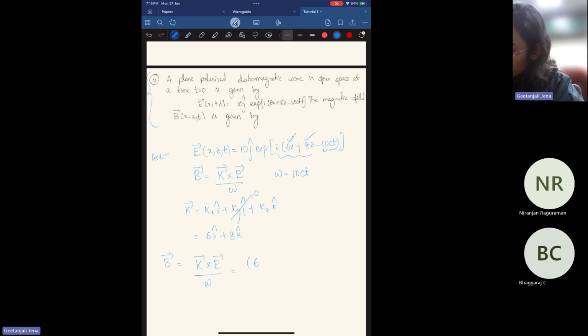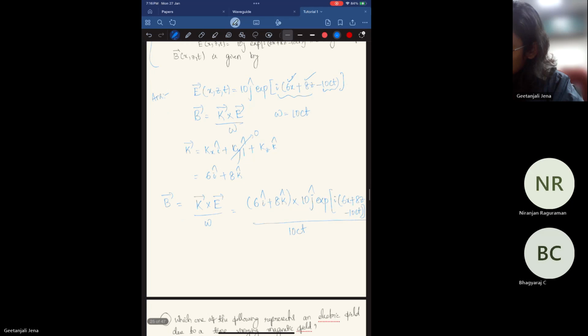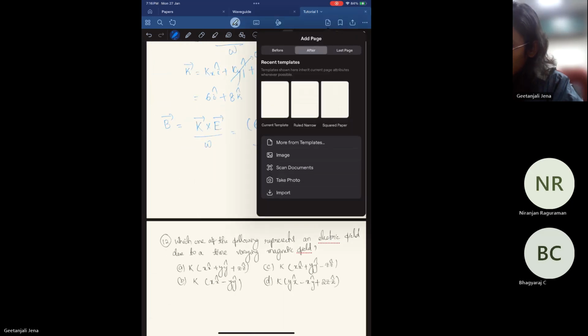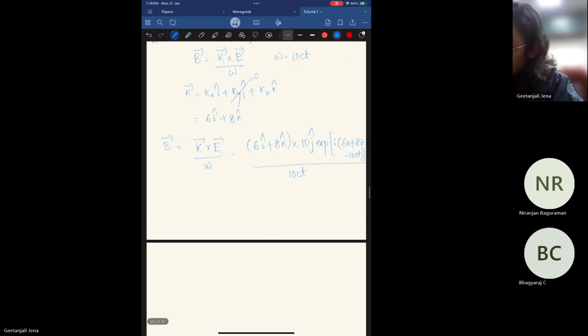So this is (6 i cap plus 8 k cap) cross E0 j cap exponential i(6x + 8z - ct), divided by omega, which is c.